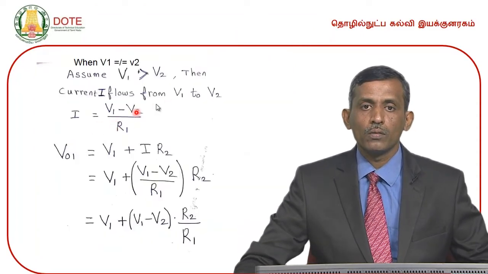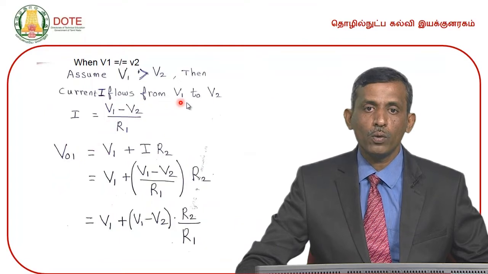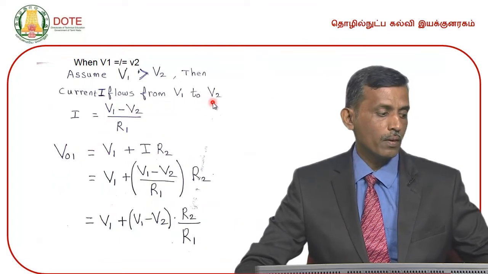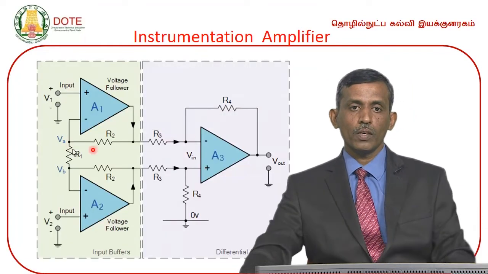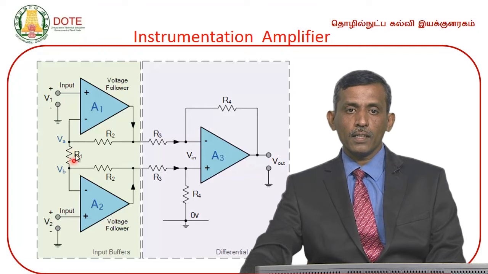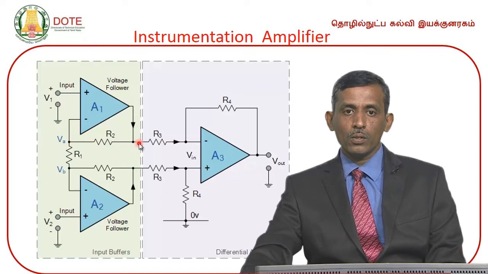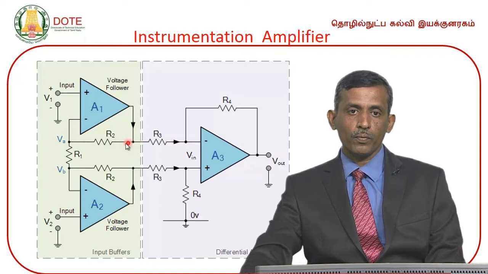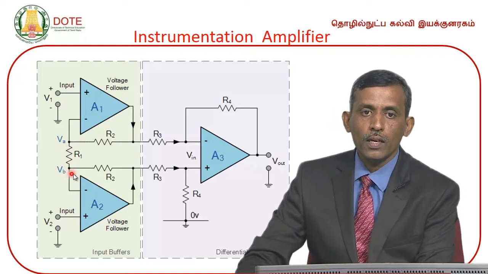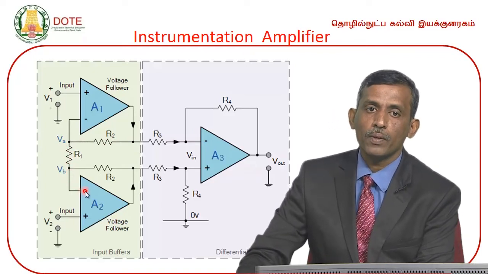So current flows from V1 to V2, that is VA to VB. ஸோ இந்த வழியாக ஃப்ளோ ஆகிற கரண்ட் கண்டிப்பாக ஆம்பின் அவுட்புட்டில் இருந்து வரணும், ஏன்னா இங்கேருந்து கரண்ட் வர முடியாது. So current comes through R2 and comes in this direction from V1 to V2, then it cannot enter into the op amp, இது வழியாக உள்ளே போக முடியாது.